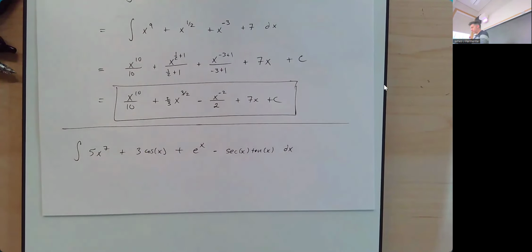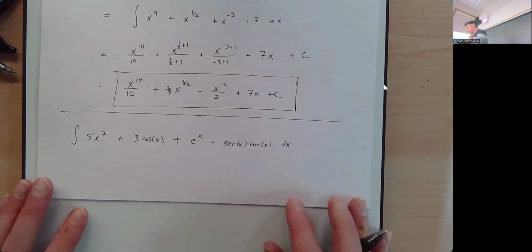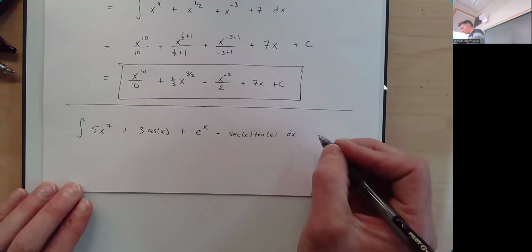All right. I don't think we need to do any rewriting because all of our powers are already written as x to a power, not something like 1 over x to the something. So not all these are powers though, right? These are other functions that look like derivatives of things I know. We'll start off with the first one though.